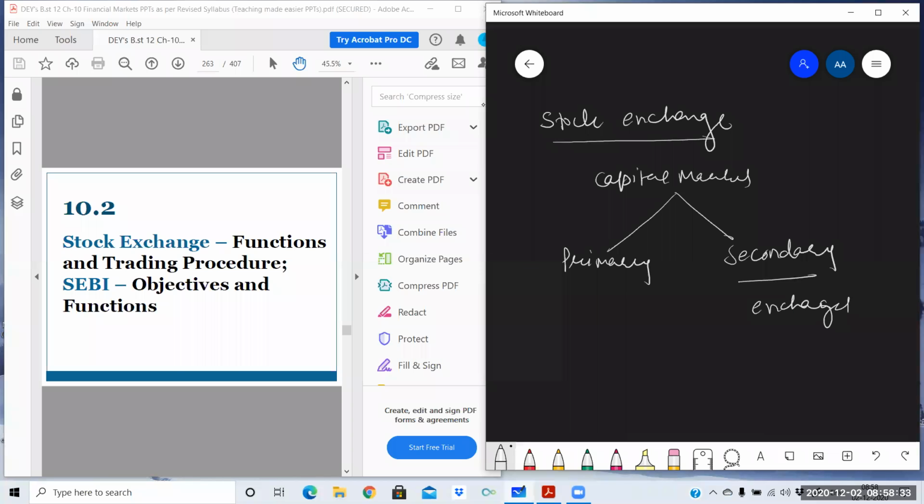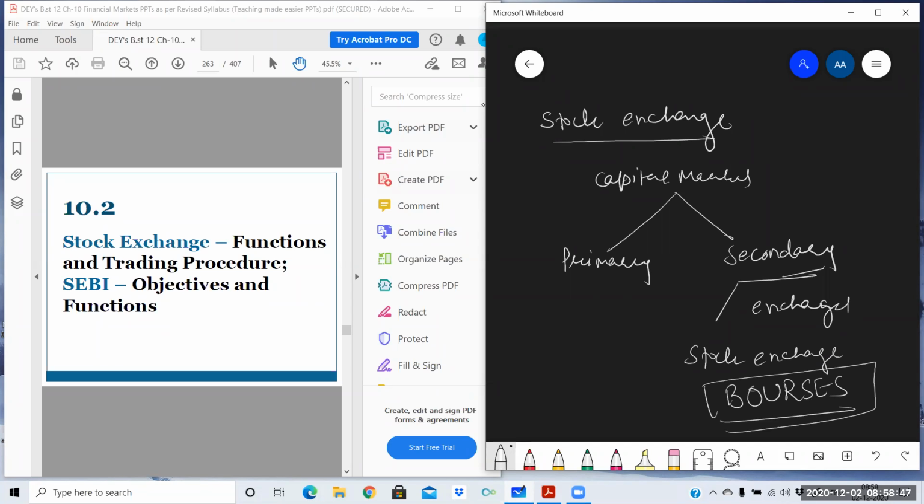So secondary market is also known as stock exchange. And one more name I have told you, that is the bourses. Bourses is a name which is given in NCERT only, and it's a very important one-marker question.